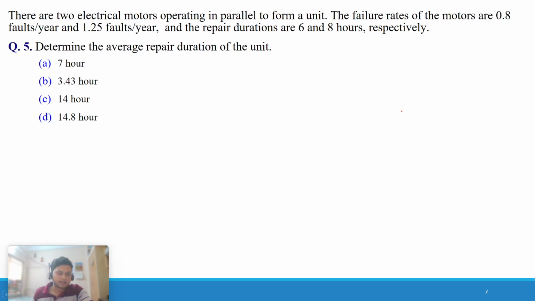Now let us see the next problem. Again, it is the common data for question 5 to question 7.